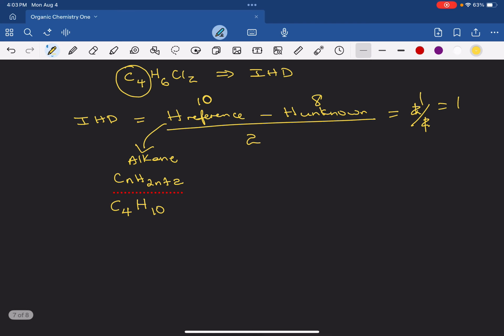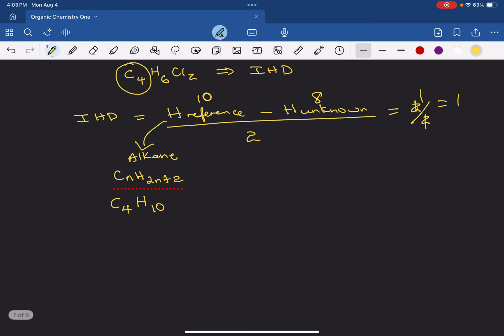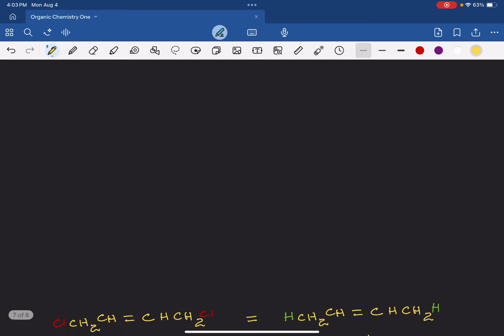I will explain in a second why we add for halogens. The simple reason is because when you introduce a halogen into an existing hydrocarbon, for example, it replaces the hydrogen.